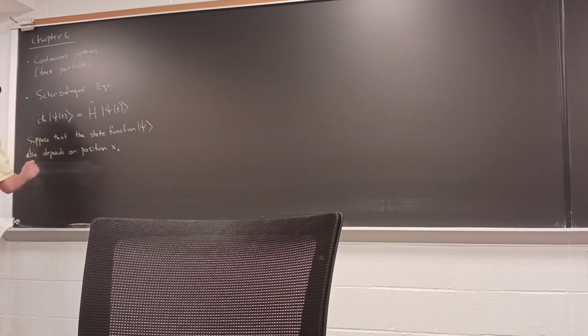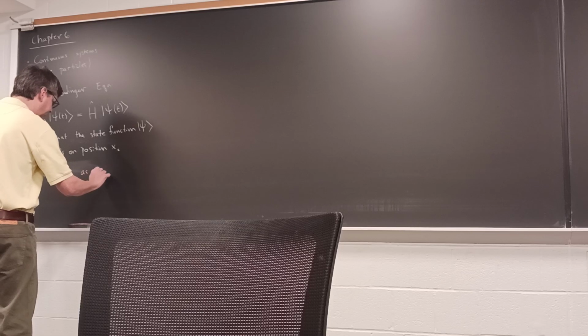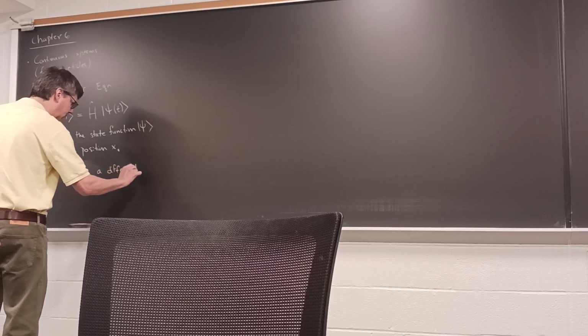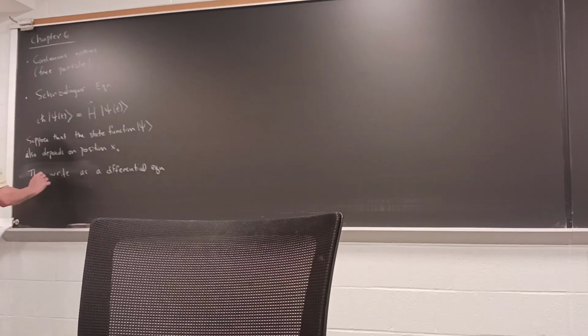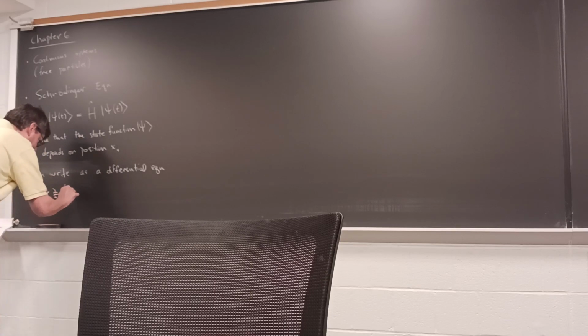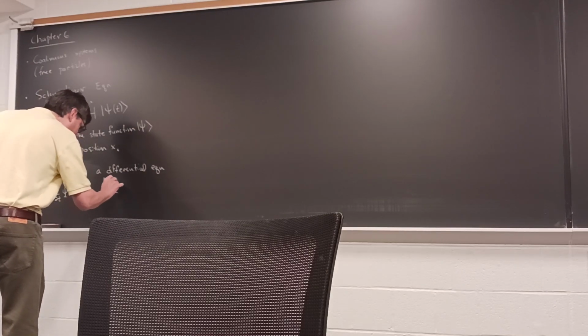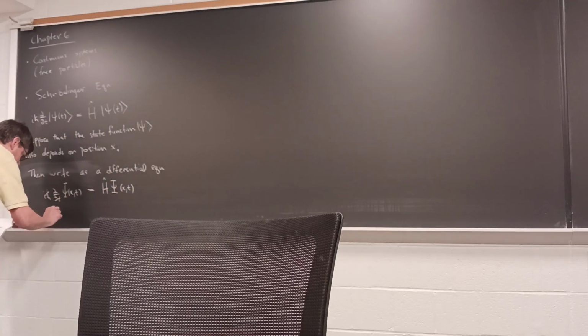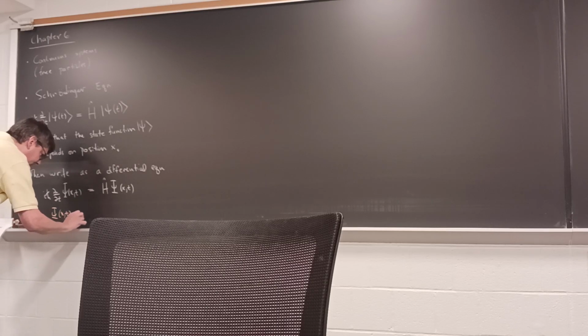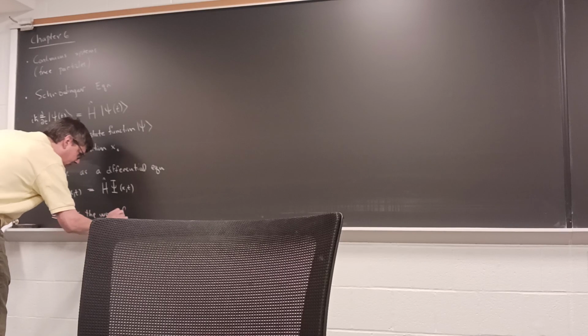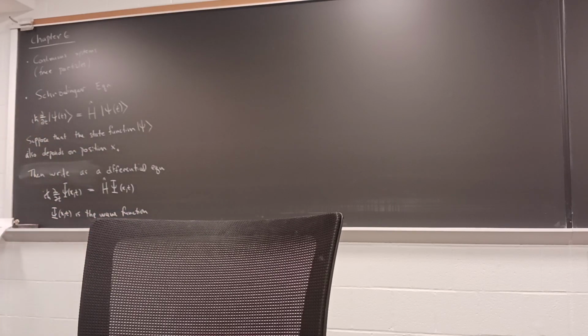So the state function depends on x and t, and then let's just write it as a differential equation: i h bar d by dt of psi of x and t is equal to H psi of x and t, where now this capital psi of x and t is the wave function.